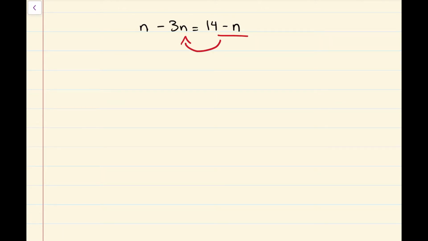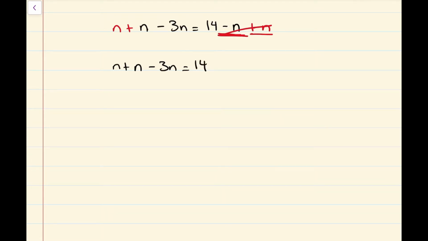Once we carry this over, we're basically going to add n to both sides, because what we have here is a -n, and to cancel out that -n we would have to add n. So we add n on both sides of the equal sign, and -n plus n cancels out. So the resulting equation would be n plus n minus 3n is equal to 14.